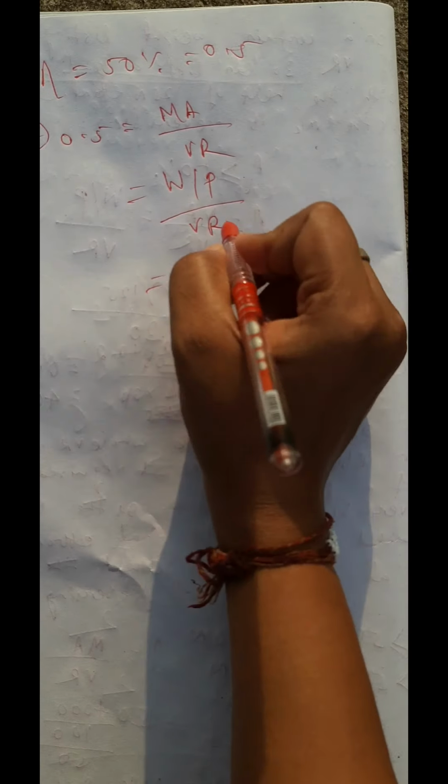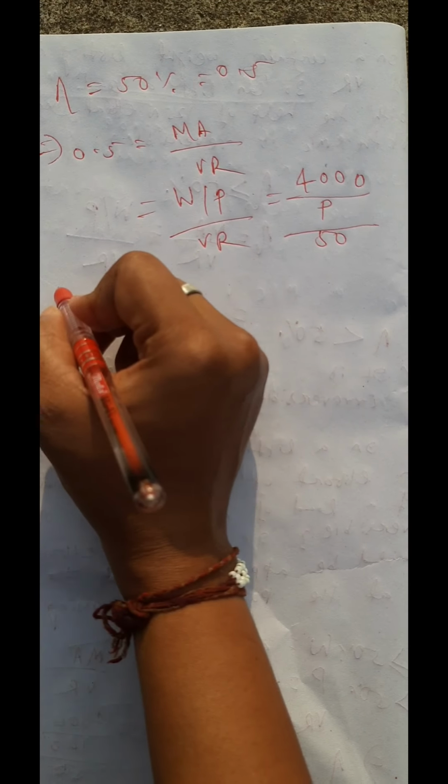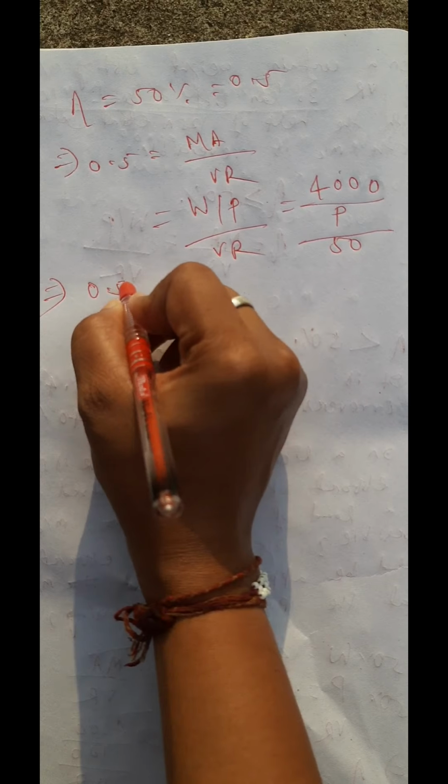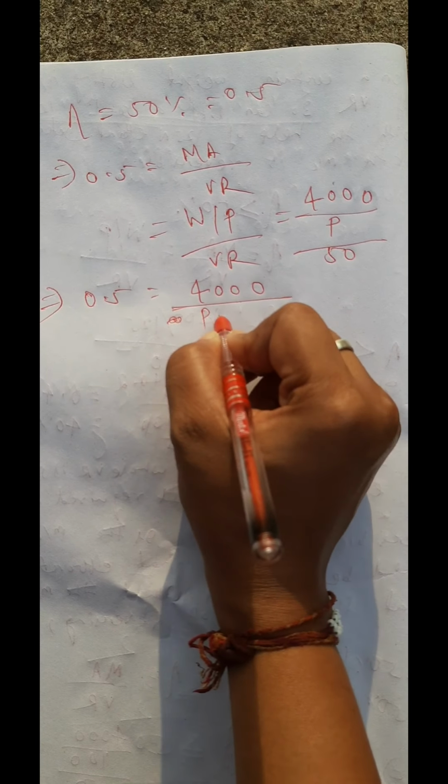The load is given as 4000, divided by P, which we have to find out, divided by velocity ratio 50. So that implies 0.5 equals 4000 divided by P into 50.